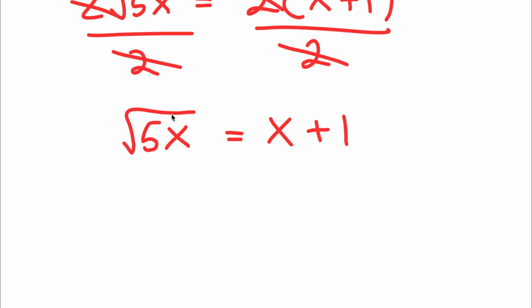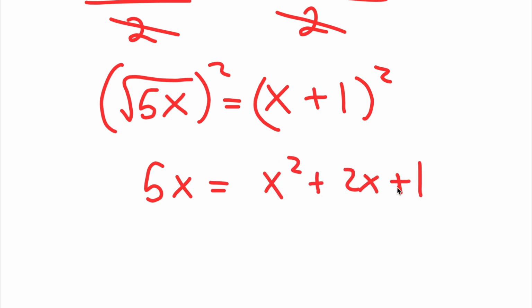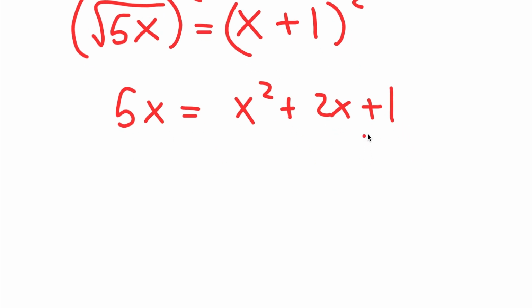So if a term has a square root, the best way to get rid of it is to square both sides, because it's always easier to solve something without square roots. So the square root of 5x squared is just 5x. So I have 5x is equal to x plus 1 squared, which is equal to x squared plus 2x plus 1.